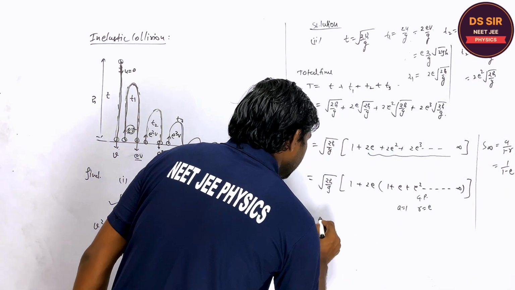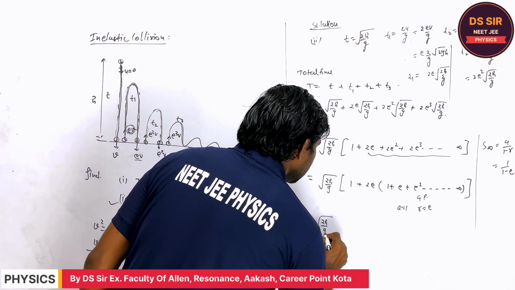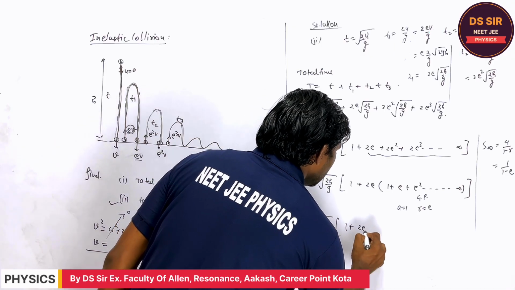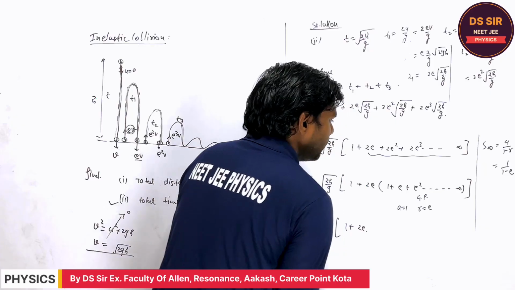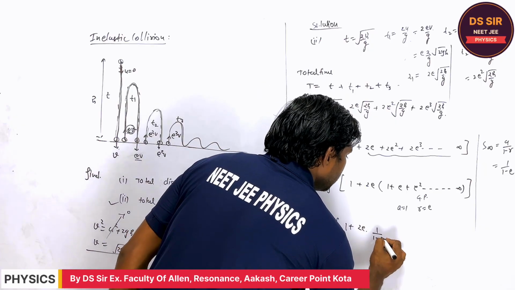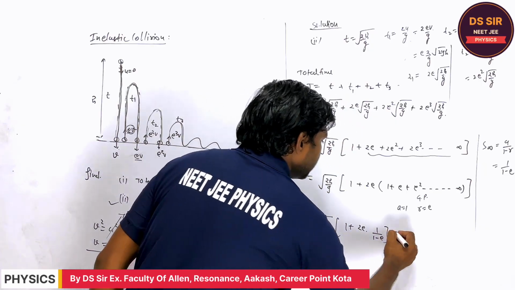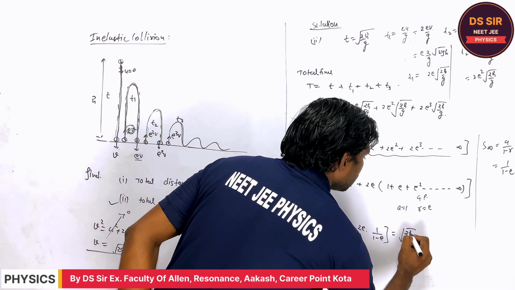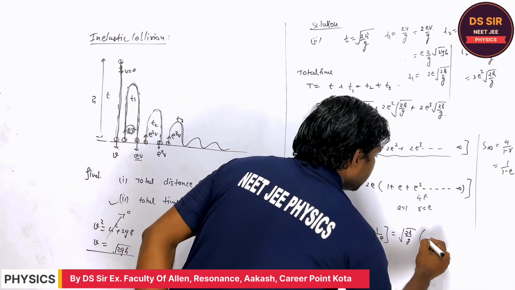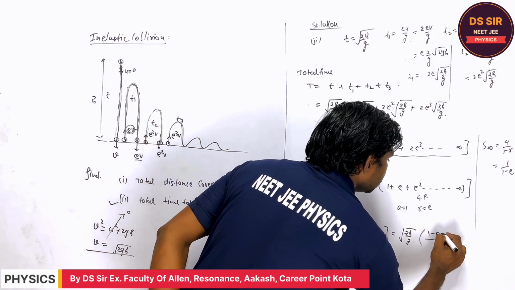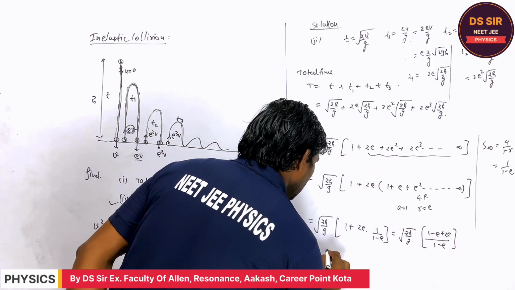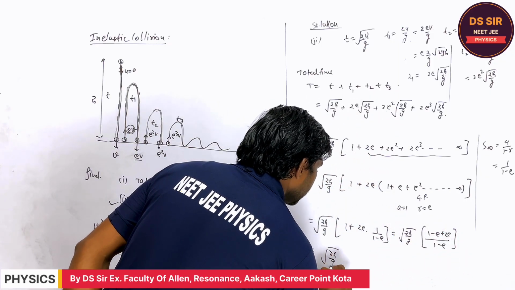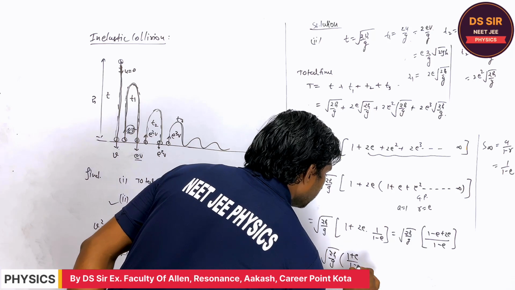So I can write this root 2h upon g as 1 plus 2 into e times this infinite GP, and the sum is given by a upon 1 minus r. Right. You may simplify this further, root 2h upon g. Right. This is 1 minus e plus 2e. Right. So it becomes root 2h upon g and 1 plus e upon 1 minus e.